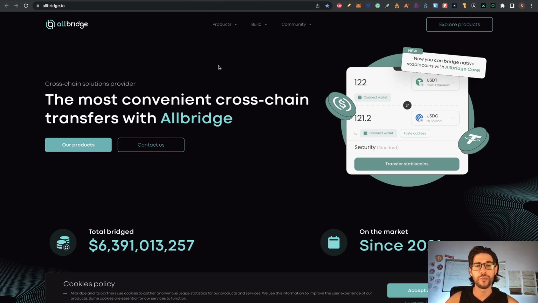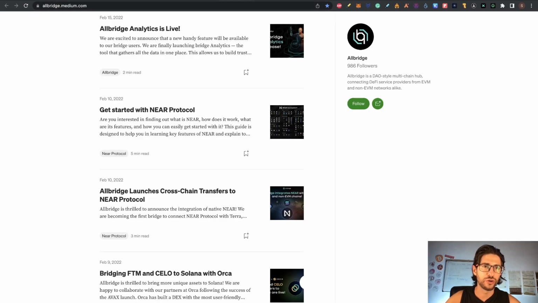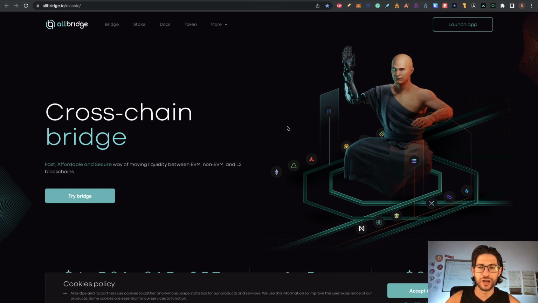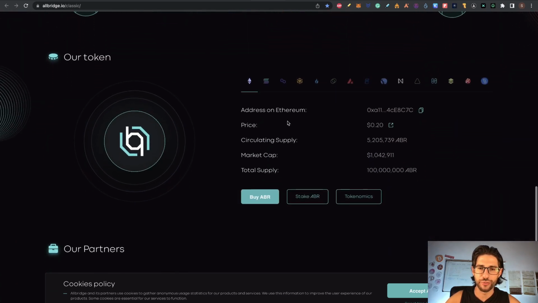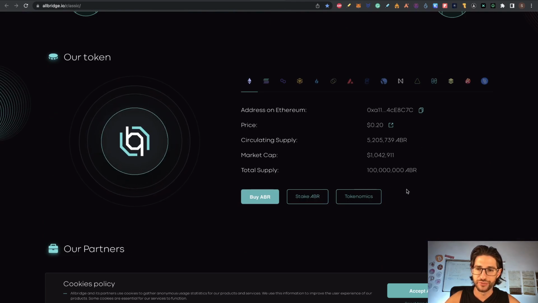You can go to the webpage allbridge.io, and here in products, you click here, you can see that they have Allbridge Classic, BOS and Core. So right now we are focusing on Core, but if you go to the Allbridge Classic page and scroll down, you can see information about this already launched project and the tokenomics. You can see that they have 100 million supply of ABR.